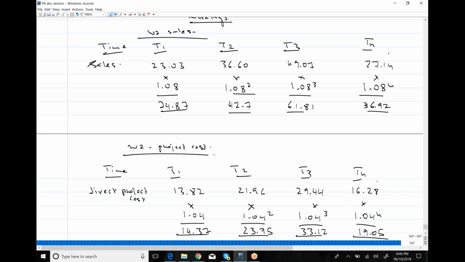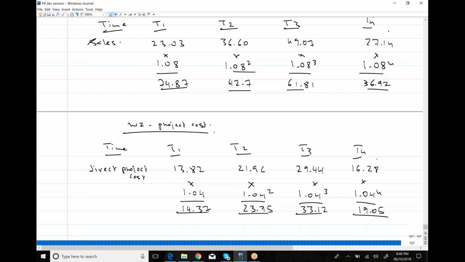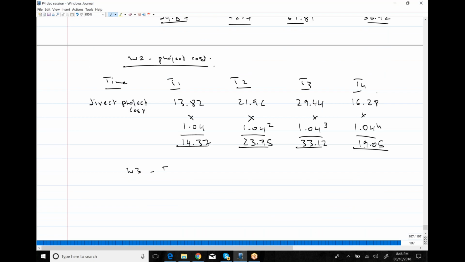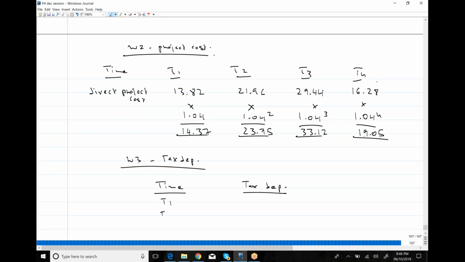But they did one mistake. They have not deducted the depreciation. So now I have to do working for depreciation. Okay. So working 3 takes depreciation, time T1, 2, 3, and 4.